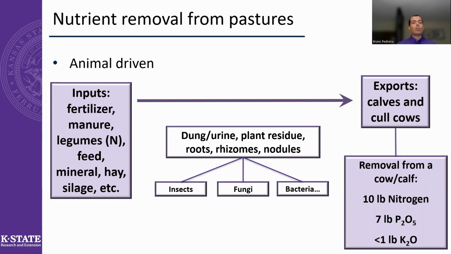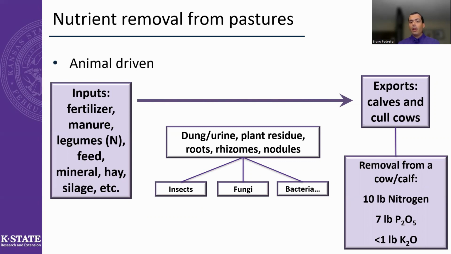And yes, we need to consider that we have some kind of cycling in it. The urine, plant residues, roots, rhizomes, nodules, everything is happening there. And at the same time, we have insects, fungi, and bacteria helping us to make some of these nutrients available for the plants. But there is no magic in it.